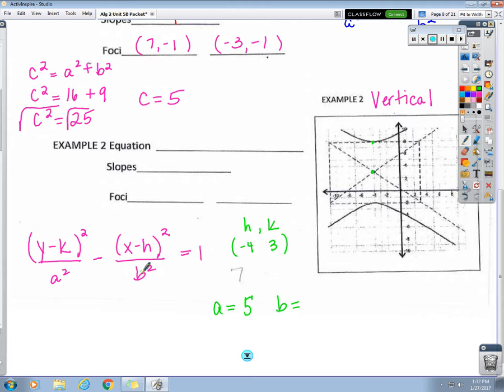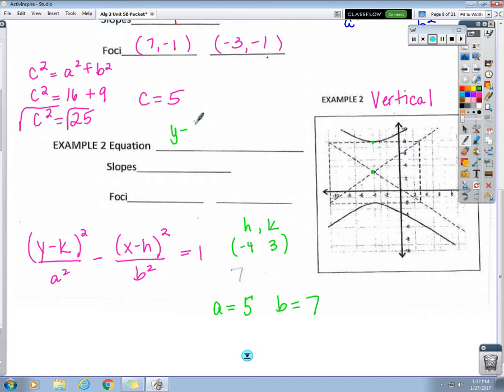And then b is your horizontal distance this time because it's under x. So from the center to either side of the box, it doesn't matter which way you go, how many units is it? 7. Okay, so now we're ready to fill in everything we have into the h, k, a, and b. Alright, so y minus, no, it's y minus k.